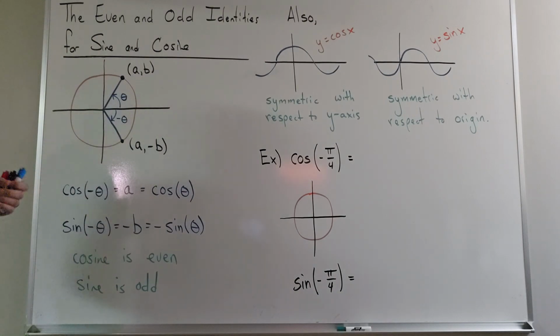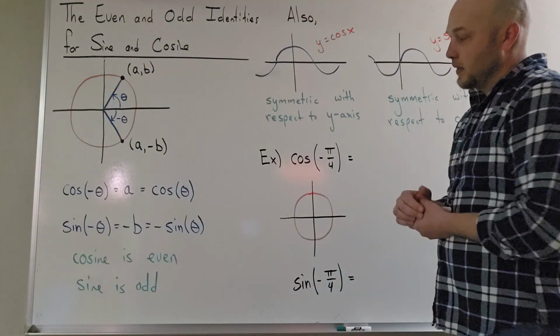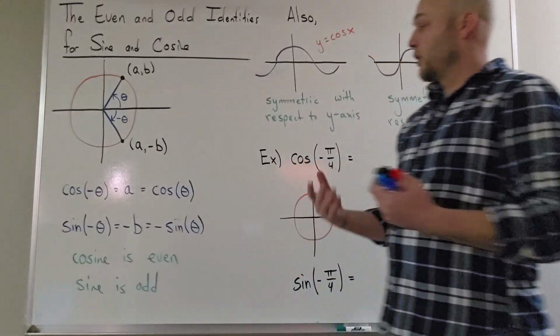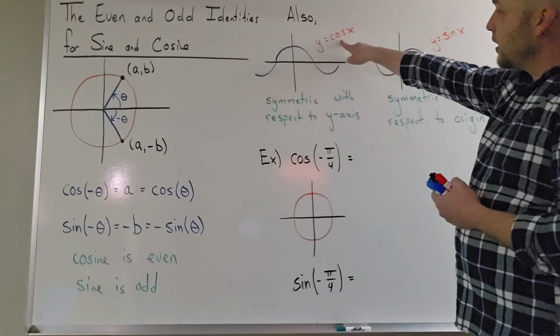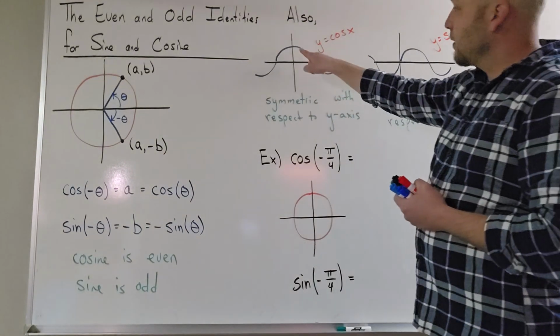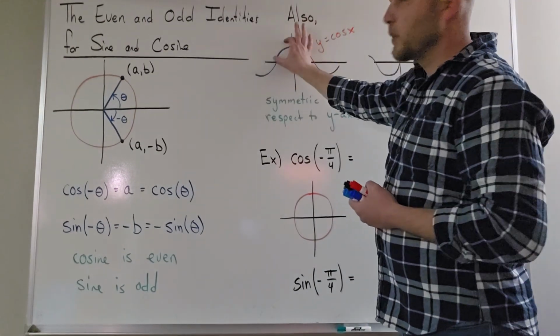We have another way to see that sine and cosine are even and odd. And remember that the definition of even and odd had to do with the symmetry of the graph. If I look at the graph of the cosine function, it's symmetric with respect to the y-axis, meaning that if I look on either side of the y-axis, this side is a mirror image of this side.